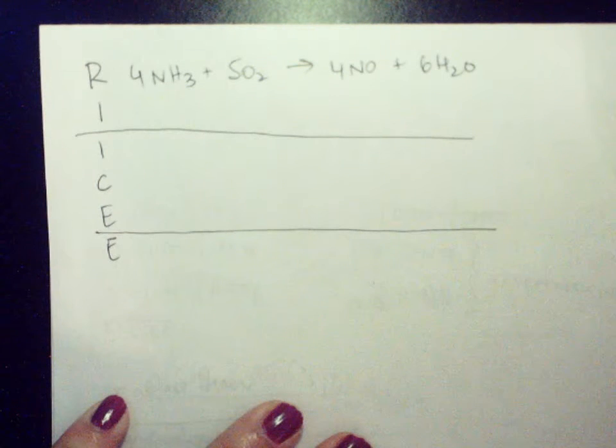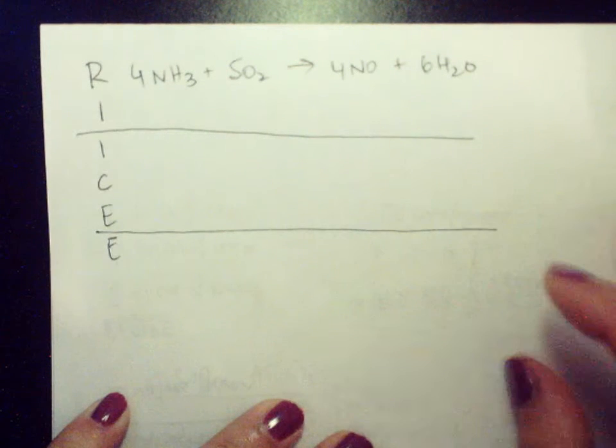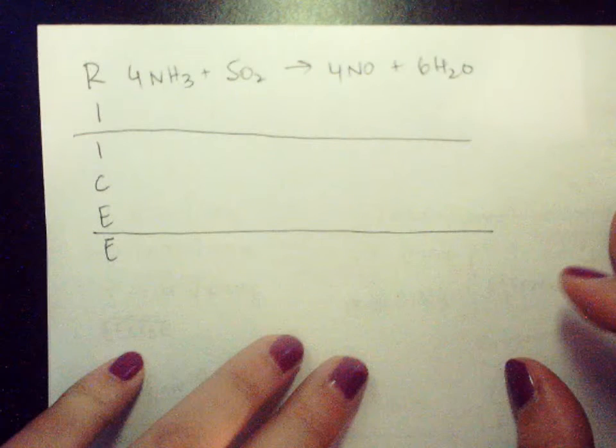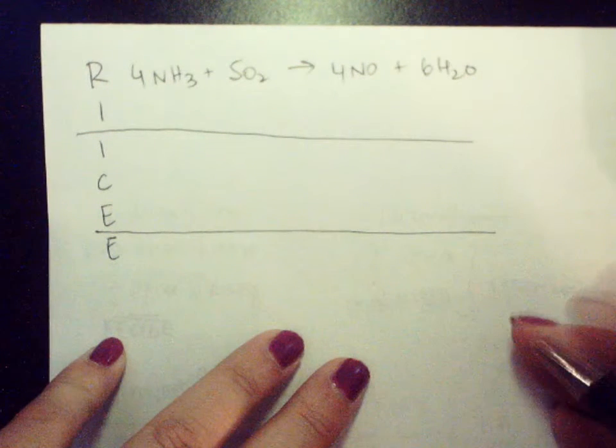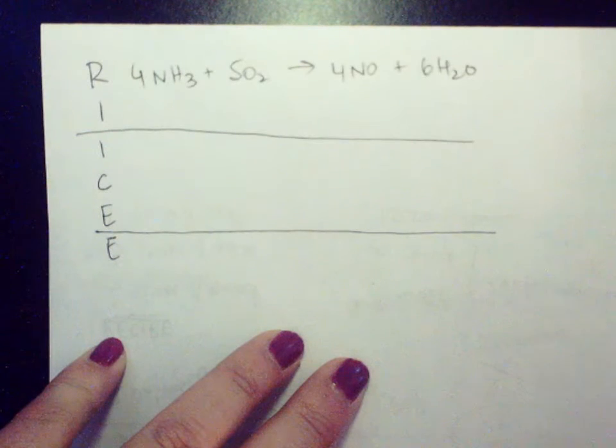That's why we call them ricey. You know, 2 I's, 2 E's. Okay. We have to start by filling out the R, the I, and the C lines first before we even figure out who the limiting reactant is.